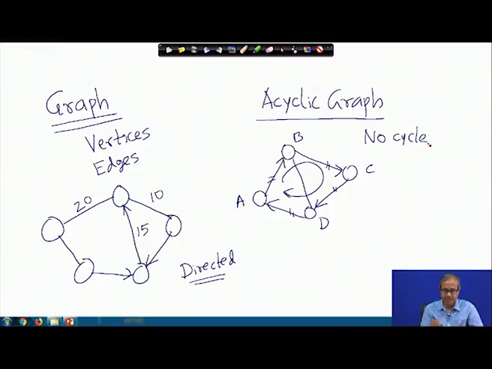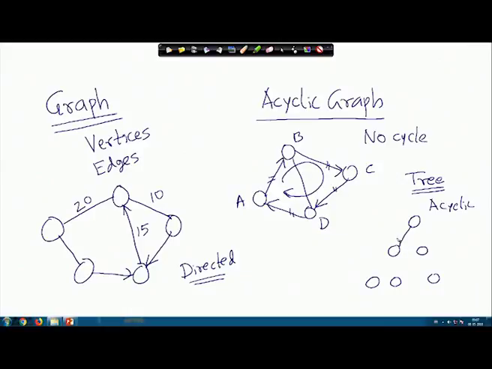Now, a special type of a graph is called a tree, which is of course acyclic, and a tree looks like this. I am just giving an example of a tree.